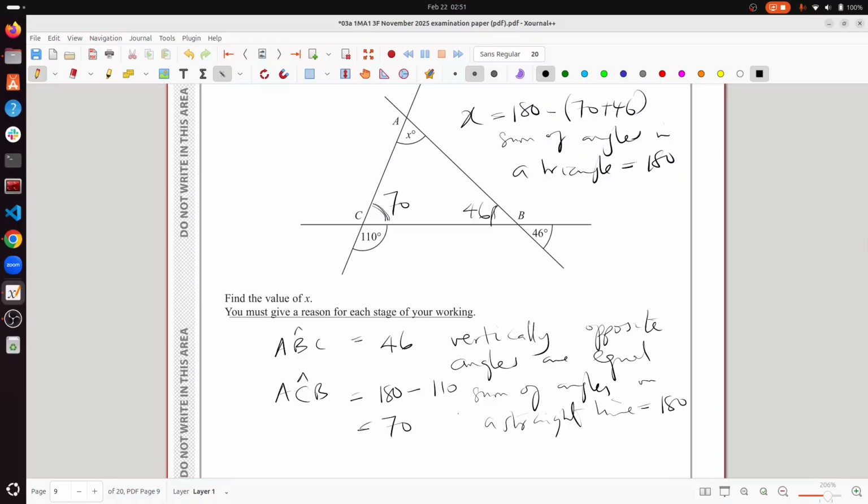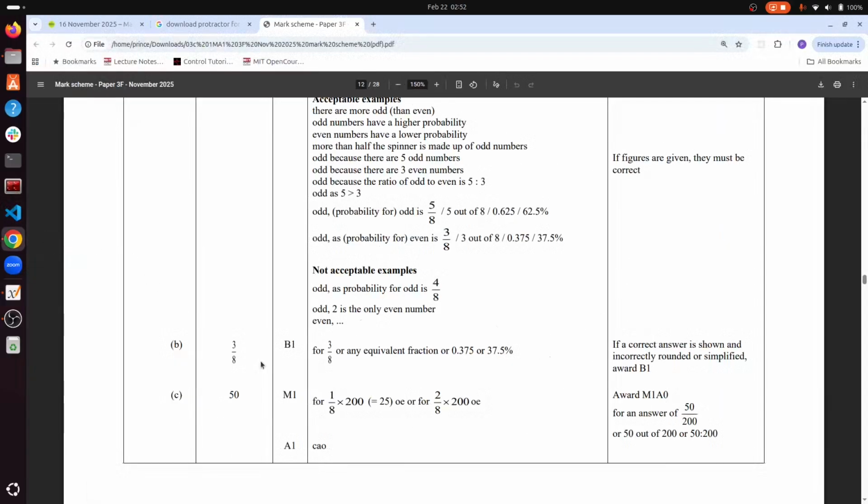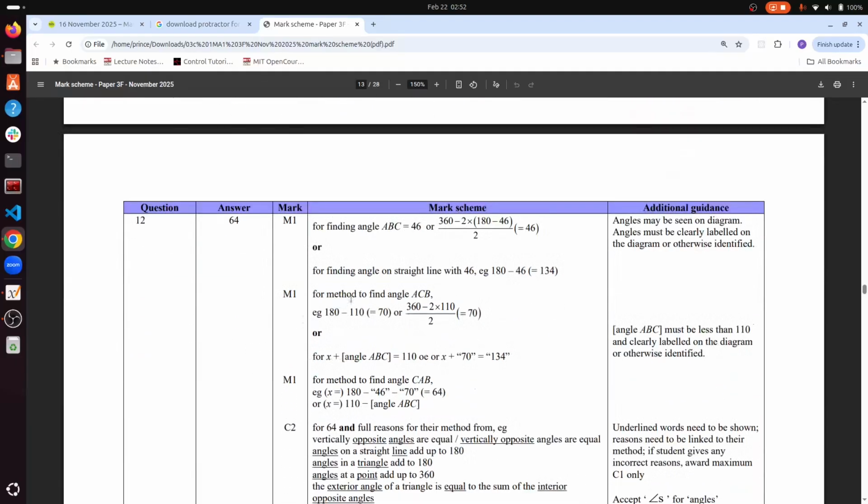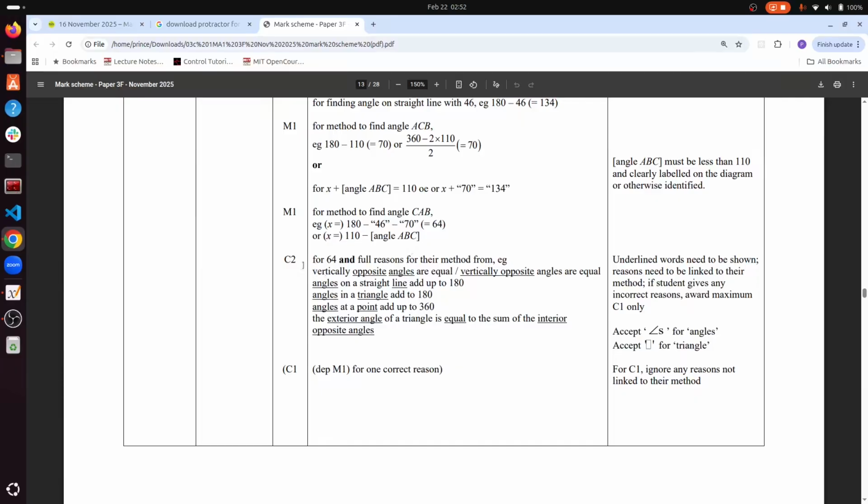So using my calculator now, that gives me 64. So x is equal to 64 degrees. Let's look at the mark scheme. That's 64. There'll be many ways you can solve this, but that's my strategy, that's my reasoning. And they're going to give you 2 marks for your reasonings.